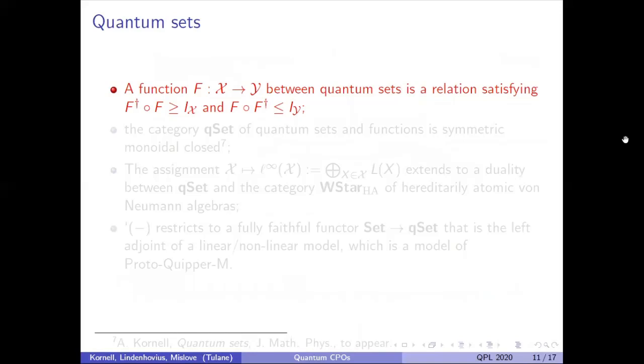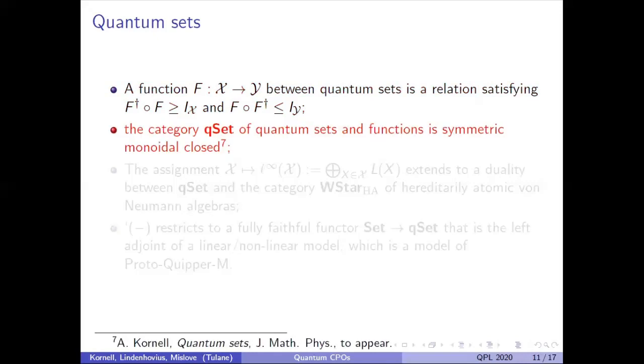So for instance, a function between quantum sets is a relation satisfying the following two inequalities. And if you look at the definition of an ordinary function between ordinary sets, and you express this in terms of the dagger compact structure of the category of relations, you get exactly the same inequalities.